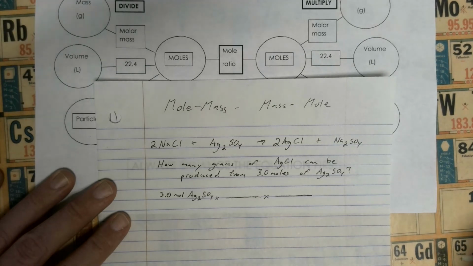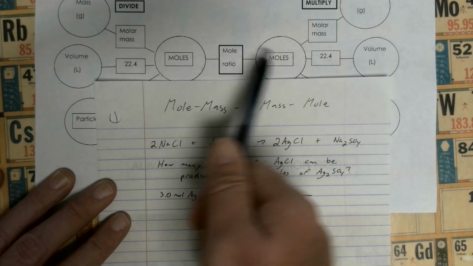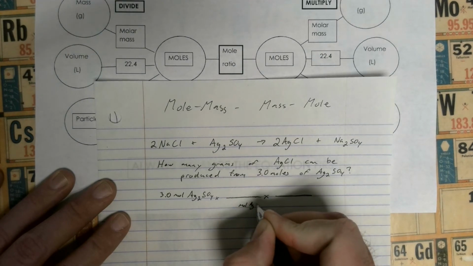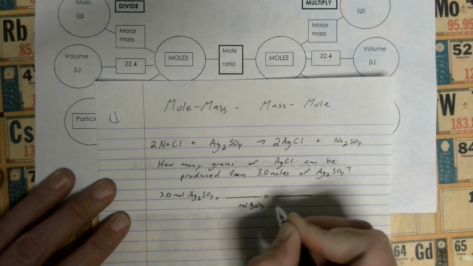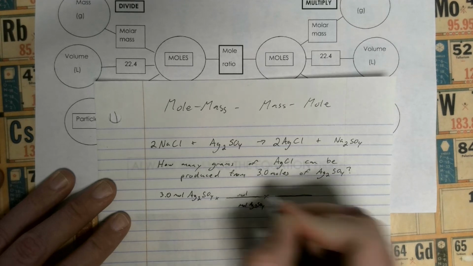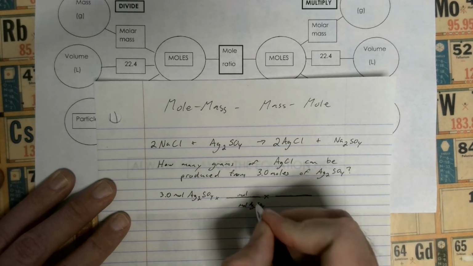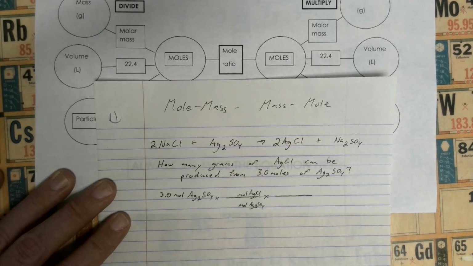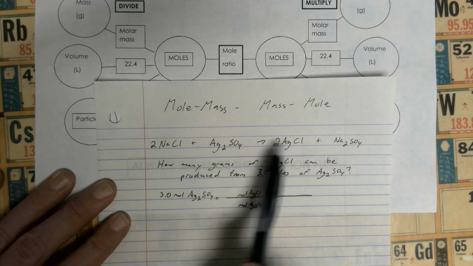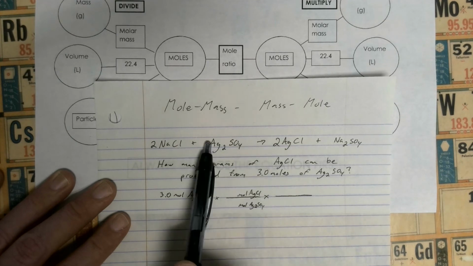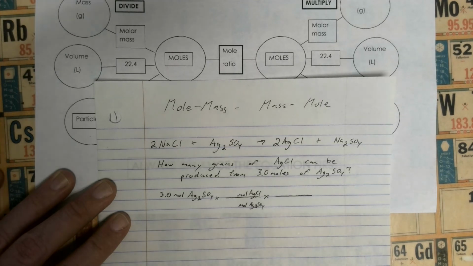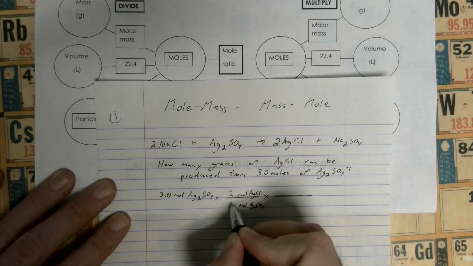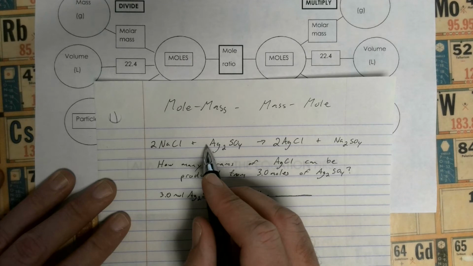The first thing, to get from moles to moles, is the mole ratio, and my mole ratio has to be my wanted over my given. So my moles of Ag2SO4 goes on the bottom, the moles of AgCl goes on the top. The numbers are the coefficients from the balanced equation: 2 moles AgCl, from there, and 1 mole of Ag2SO4, because that's from there.